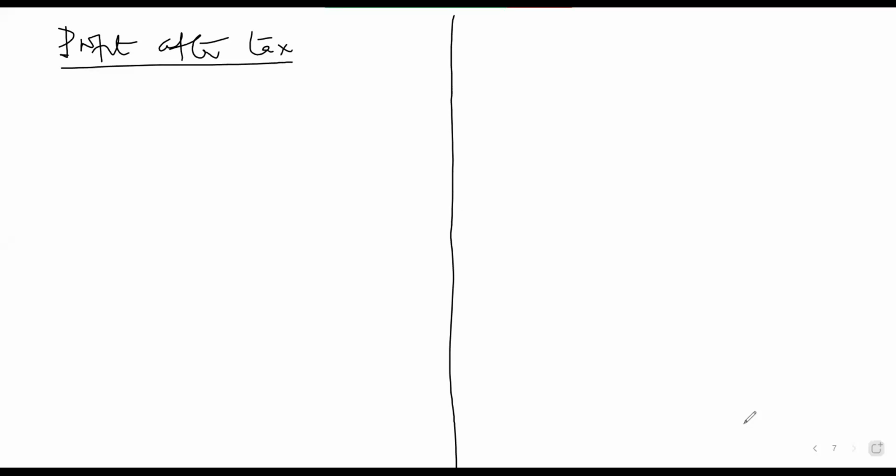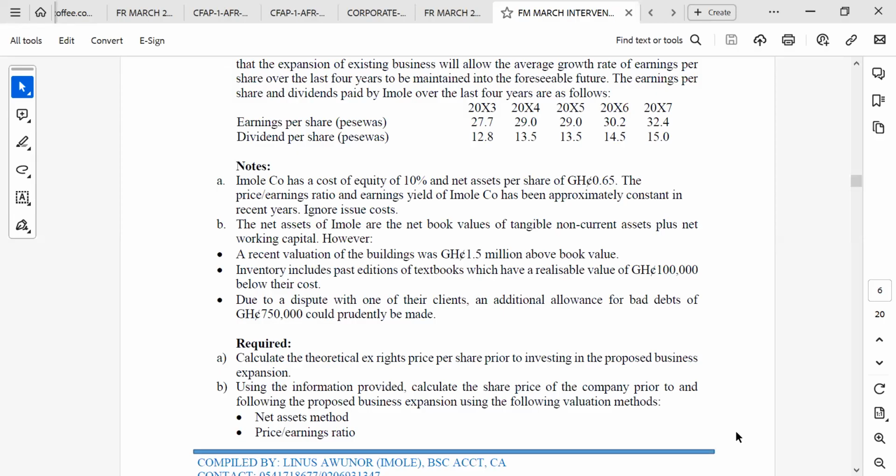How do we calculate earnings per share? Earnings attributable to the shareholders divided by the number of ordinary shares. What is the earnings per share for 2x7? The 2x7 is the current year. It is 32.4. So how do we get that 32.4?